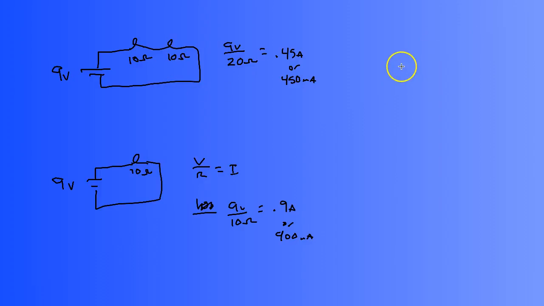If we look now at the parallel circuit, it's going to behave a little bit differently. What's happening here is we have the 9 volts, and then we have a bulb, and then a loop to another bulb. Each of these represents 10 ohms of resistance.